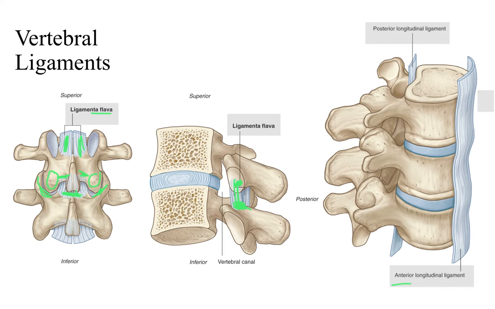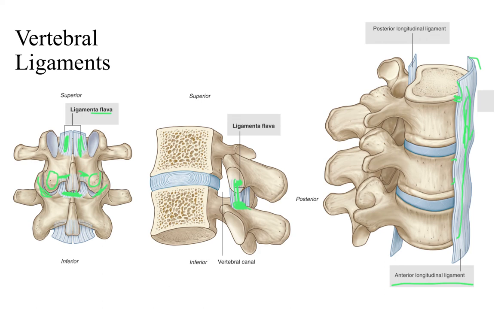Next we have the anterior longitudinal ligament, which is a long, broad ligament on the anterior border of the body of the vertebral column, running superiorly all the way to inferiorly, from the occipital bone down to the sacrum. And it's not just like somebody slapped a piece of tape to the anterior portion of these vertebrae. It's actually fused within the bone itself.